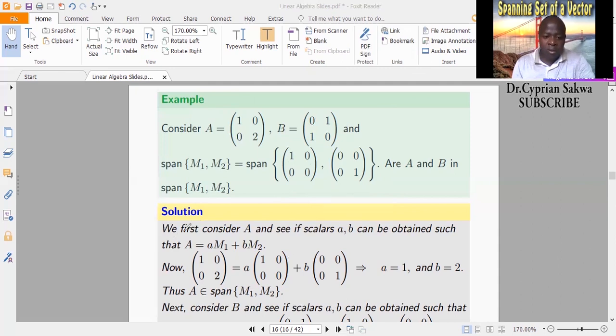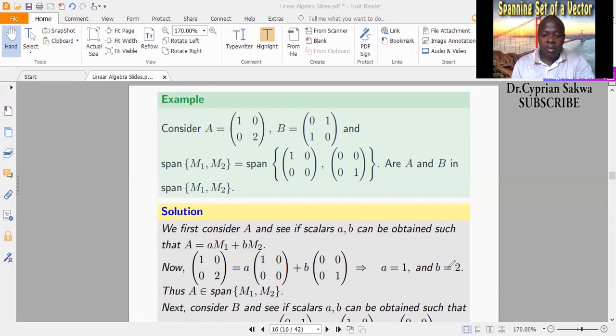So our solution: we first consider A and see if scalars a and b can be obtained such that A can be written as a linear combination of M1 and M2. So this is A equals a times M1 plus b times M2. When I multiply this out, I get that 1 equals a, and that 2 equals b.